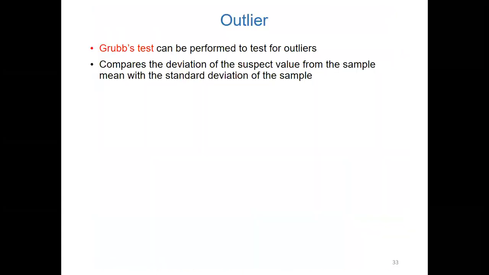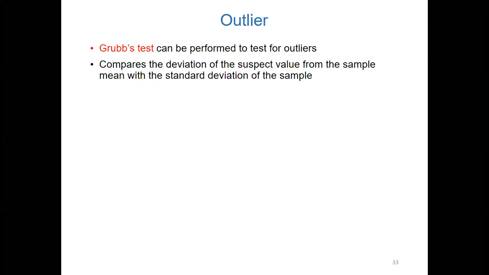Okay, then let's go to the outlier. Whatever experiment we perform, there might be some outliers. For example, if you do a titration, you have to do 3 trials, and based on the values you got, you have to decide whether all are similar or whether there are any outliers.